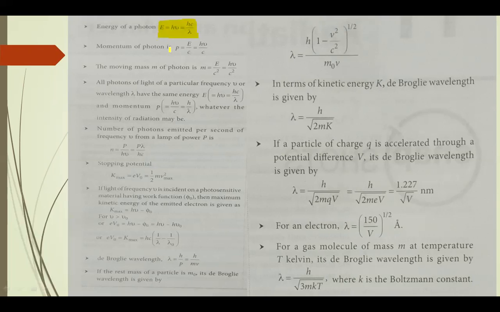Then the momentum of a photon, that is small p, momentum. So p is equal to E by c, or h nu by c. The moving mass m of the photon is also given.